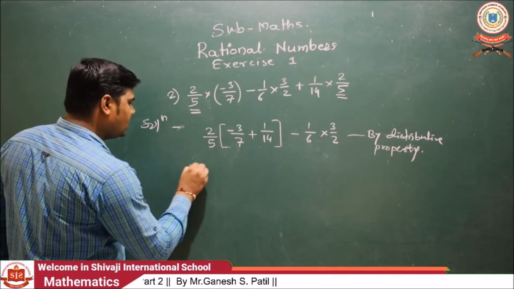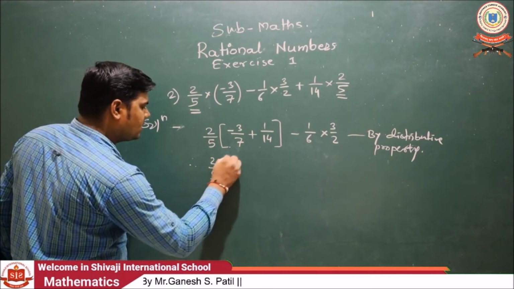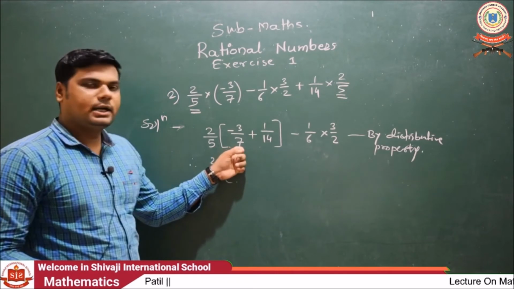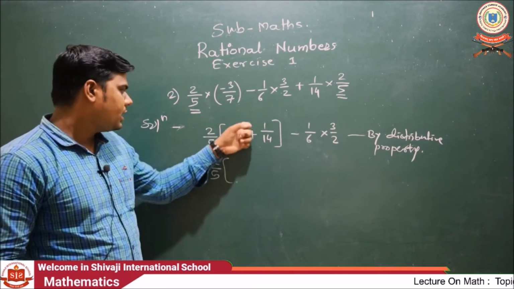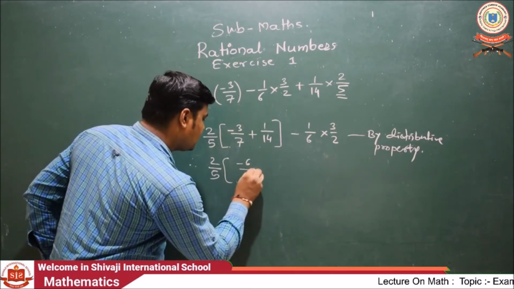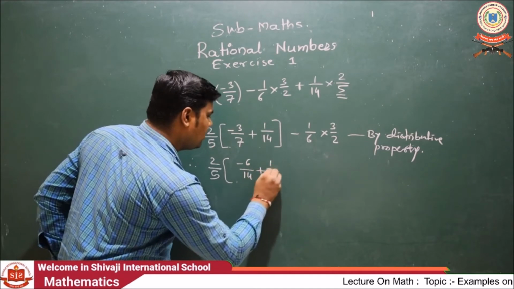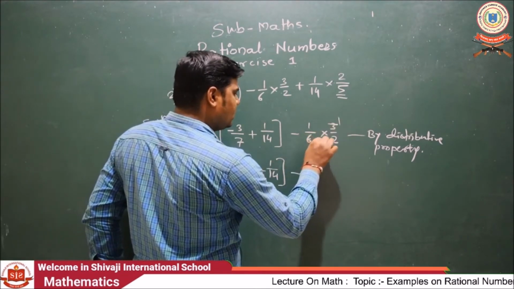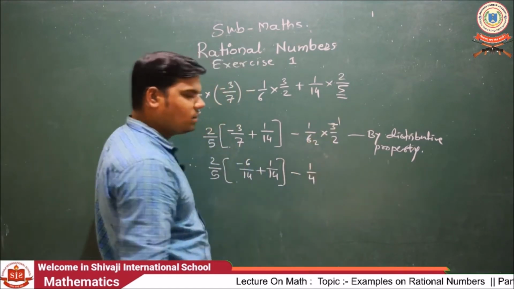Then 2 by 5 is common, and here we have 7 and here 14, so we need to multiply by 2 here. So minus 6 upon 14 plus 1 upon 14, and 3 1s are 3, 3 2s are 6, so minus 1 upon 4.